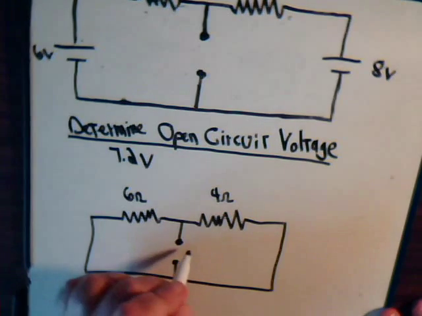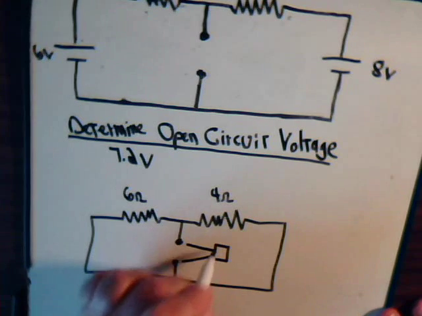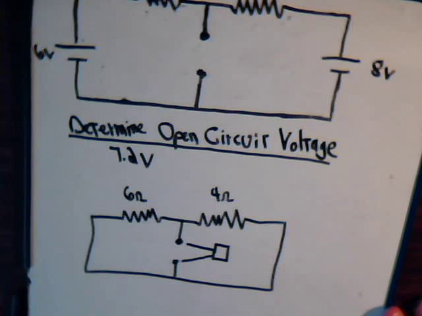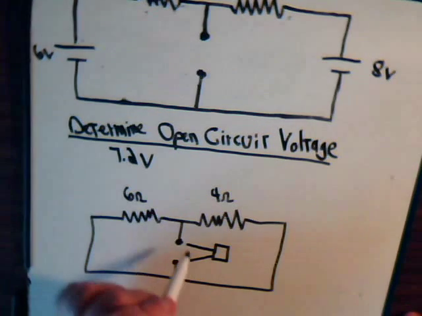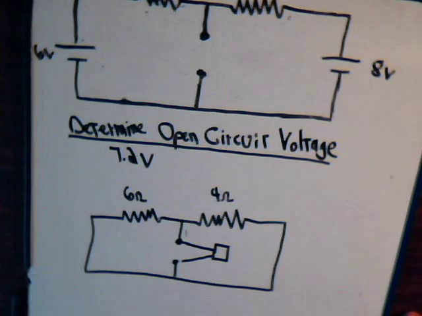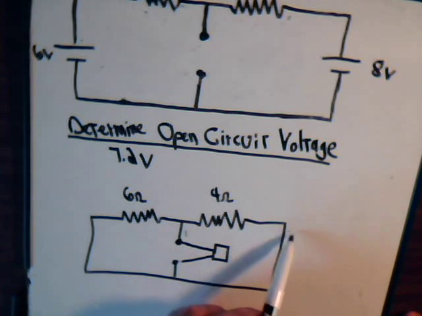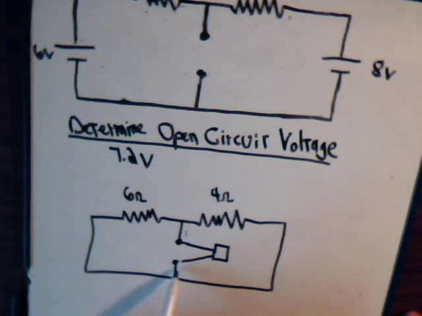So imagine taking a potentiometer, and if we put it across these two terminals, what reading would we get? Well, the potentiometer puts out a small trickle of current, so we can imagine a small current going from here. Then some of it's going to get split up. It's going to go across the 4 ohm resistor and come back.